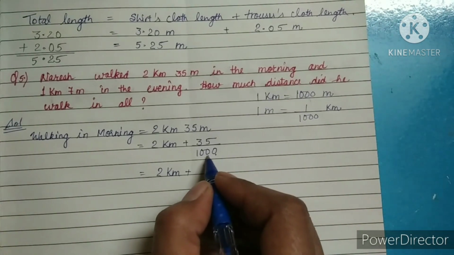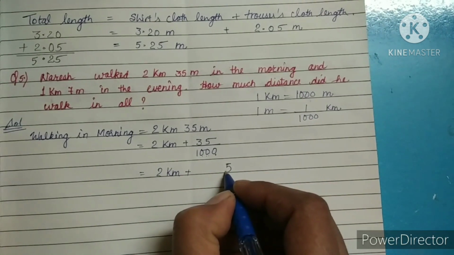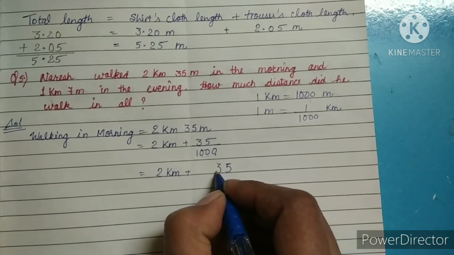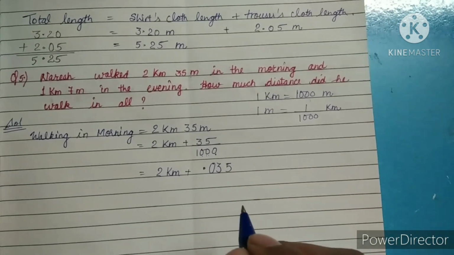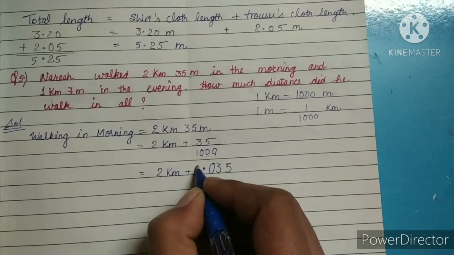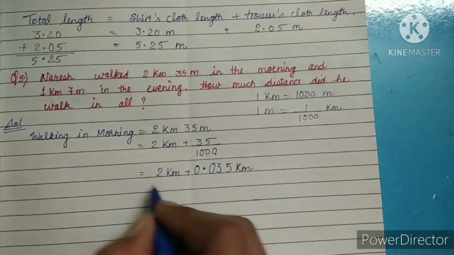It means after leaving 3 values we have to put decimal. So first value is 5, second will be 3 and third will be 0. Now we can put here decimal. Now 0 will come on the ones place. Now it will change into kilometer.